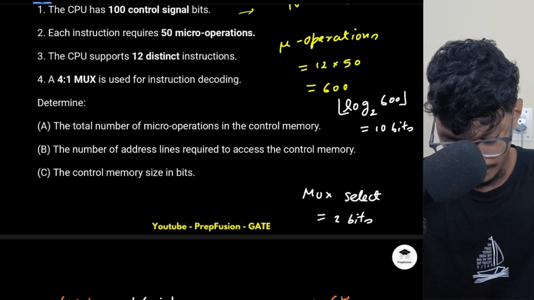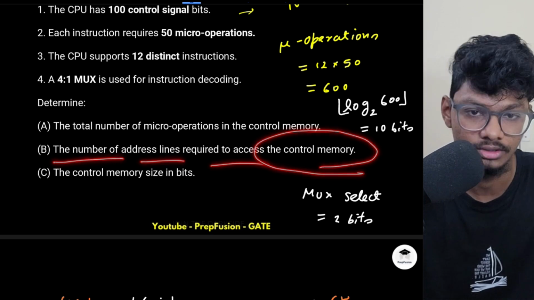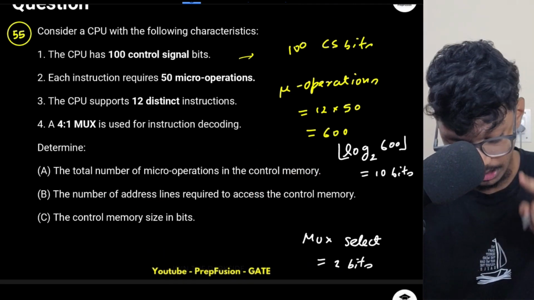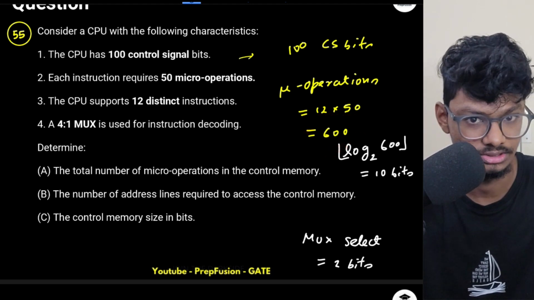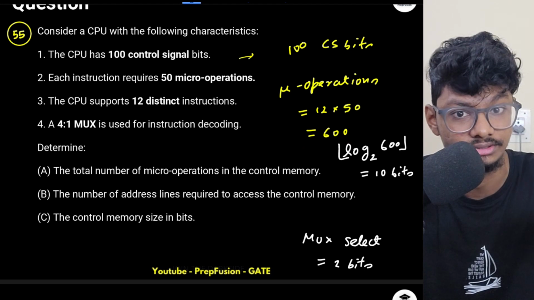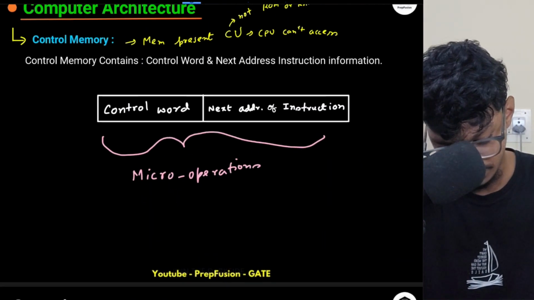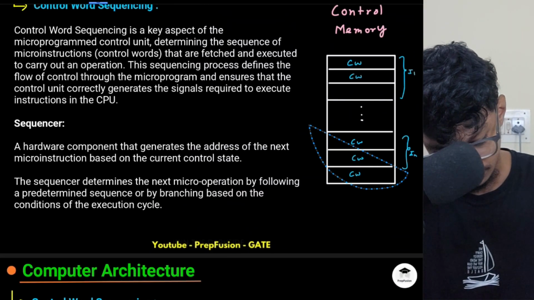Now, the number of address lines required to access the control memory. How many address lines will I require to access the control memory? Now, the control memory has 600 different instructions. So how many bits will I need to address those instructions? This is my control memory, correct?